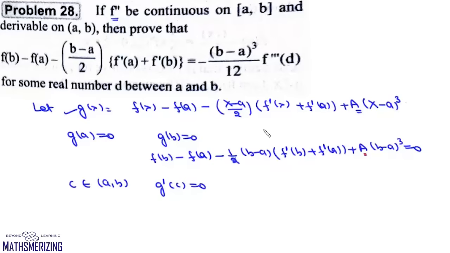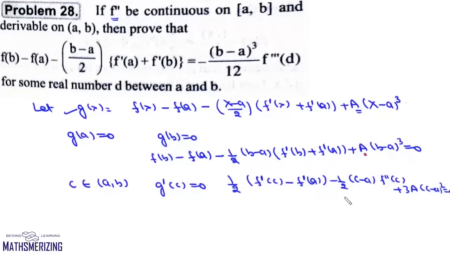If we differentiate this function, we can write 1/2 f'(c) - f'(a) - 1/2 (c - a) f''(c) + 3A (c - a)^2 = 0. And this is our, say, second equation, and this is our first equation.